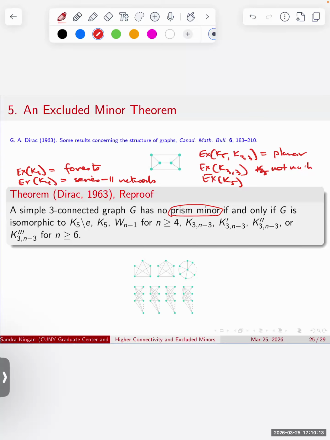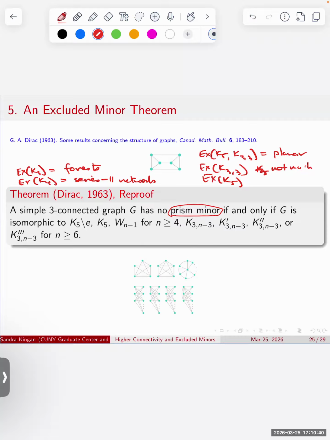Someone has done prism plus an edge by now, and there's maybe 5 or 6 other small graphs that have been determined, but not much. There's a lot of potential in this area. It's a steep learning curve to master all these structural results, but you can really get some nice results. So this is Dirac's 1963 result.